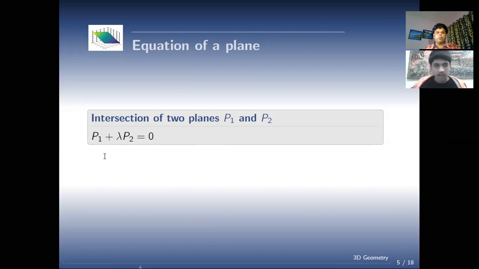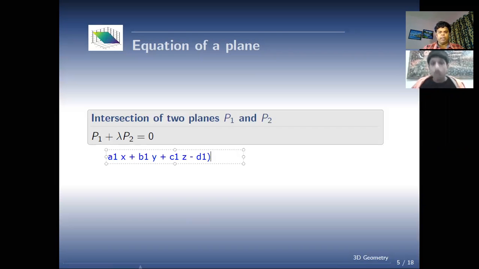In the formula earlier that you gave, it was ax plus by plus cz. So plane 1 is a1x plus b1y plus c1z equal to d1. I bring the d1 to this side, so minus d1.